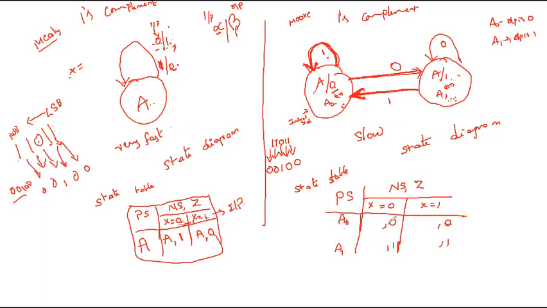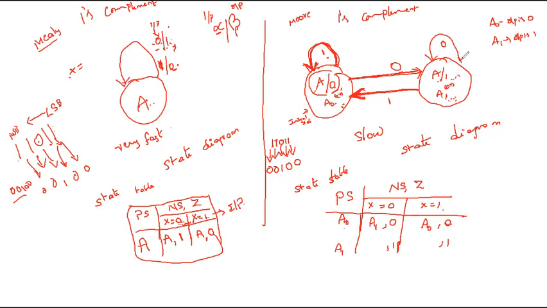Next, check for inputs, because we have to represent the next state here. Whenever input is 0, the present state is A0, so we go to A1. Whenever input is 1, we stay in A0 only. Next, come to A1.